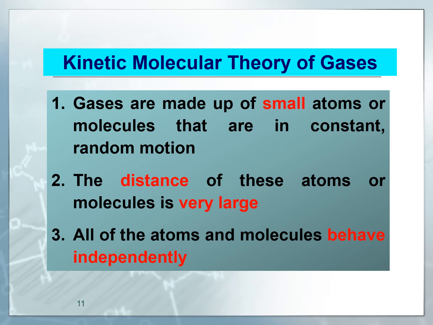The distance between these atoms or molecules is very large, compared to the size of the individual atoms or molecules. In other words, gas is mostly empty space. 3. All of the atoms and molecules behave independently. No attractive or repulsive forces exist between atoms or molecules in a gas.